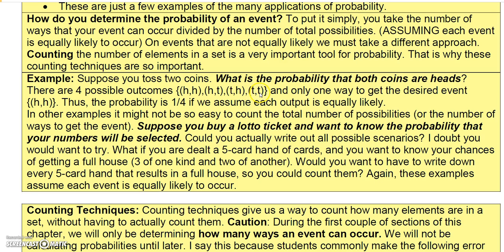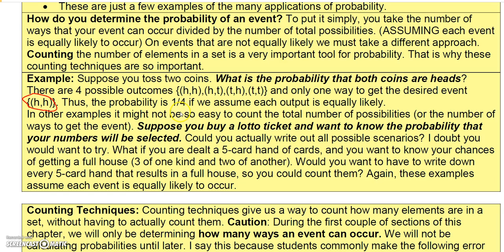Or they could both be tails. Well, if we assume that each of these four events is equally likely, then we could ask how many ways there are to get the event that I want, which would be two heads. There's only one way that could happen. So there's one way out of these four ways possible, so the probability would be 1/4.